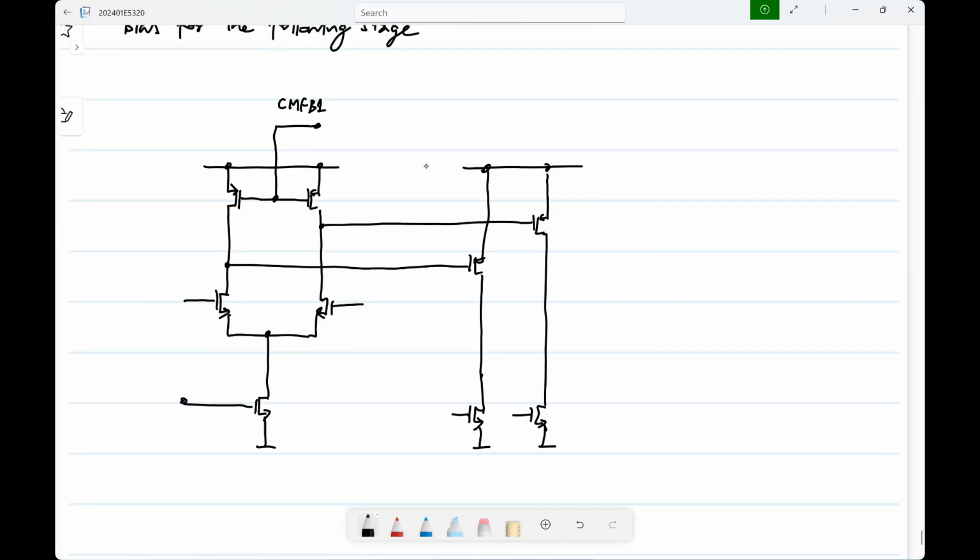Okay, maybe for this one I'll draw. For this particular case, the second stage common mode is controlled using that. So this is what we have been using so far.